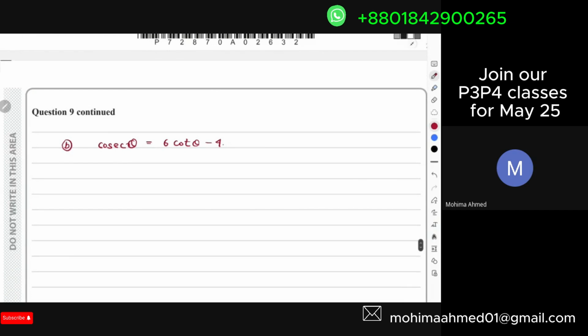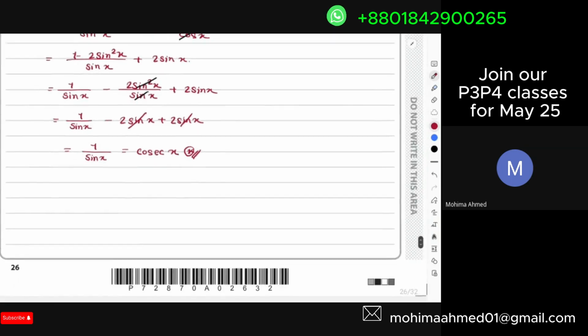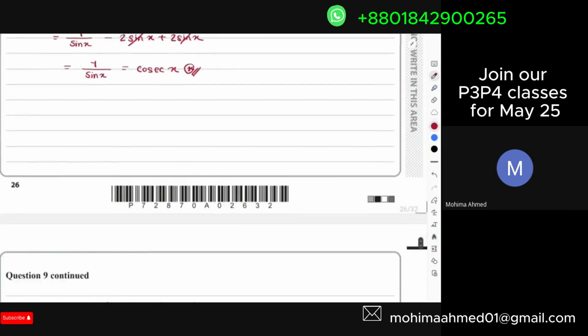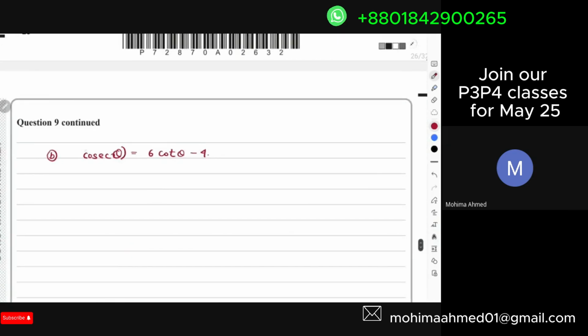Now cosec is 1 by sine and cot is, sorry, cos by sine. So we have the left hand side entirely under a square, and we're getting cosec square theta equals 6 cot theta minus 4.